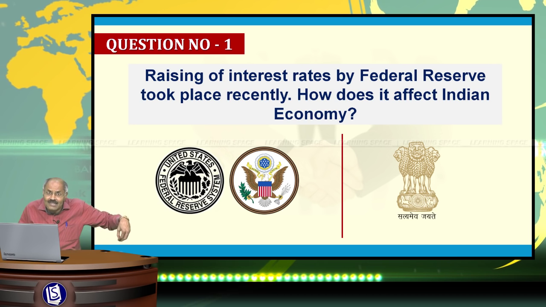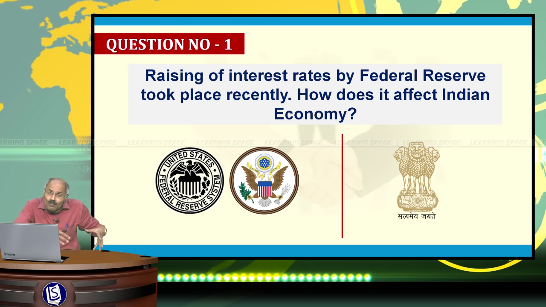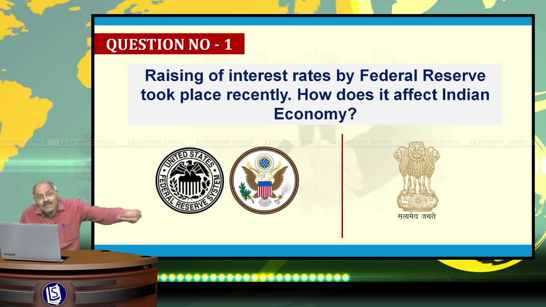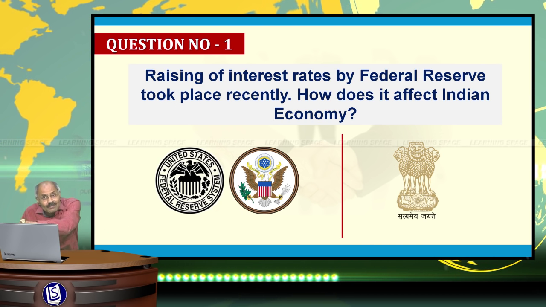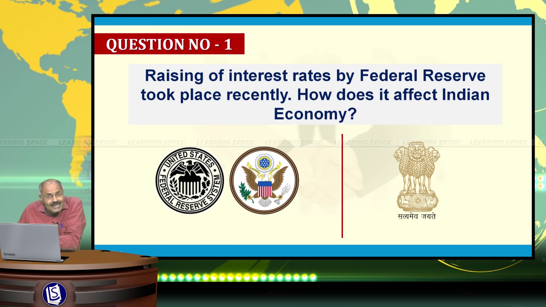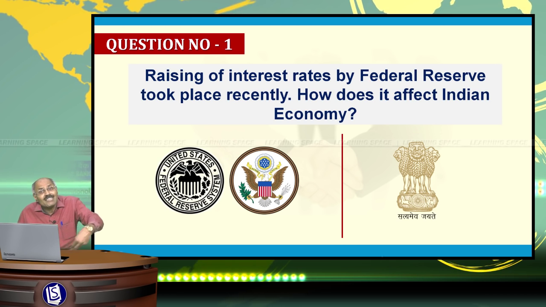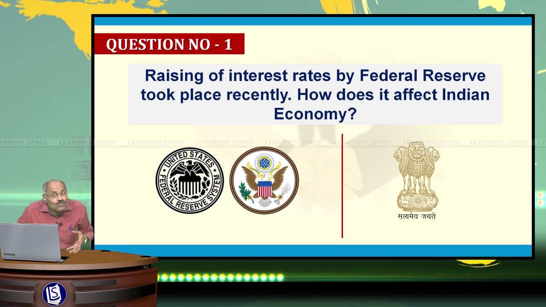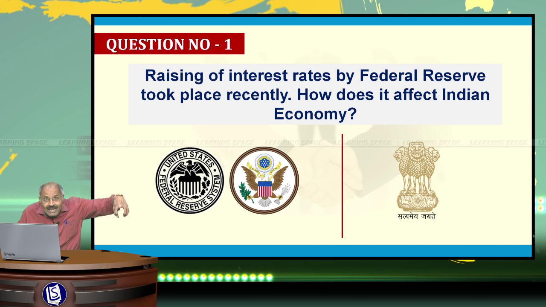We learnt in some classes previously, FPIs are most volatile, FDI is stable, and now capital flows to our country are a mix of foreign portfolio investment and foreign direct investment. Foreign direct investment, once it comes to country, cannot go back easily. Only foreign portfolio investment can go, it is volatile.